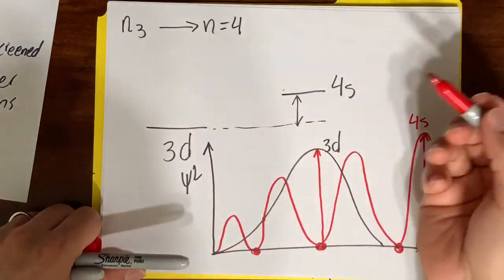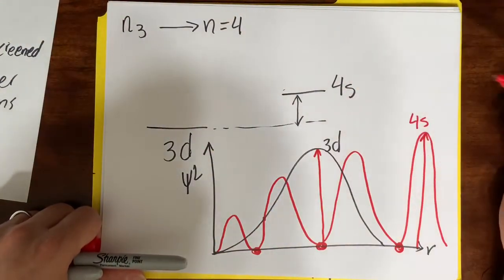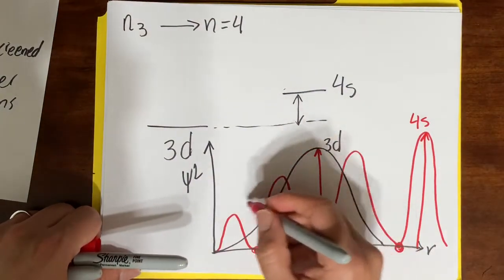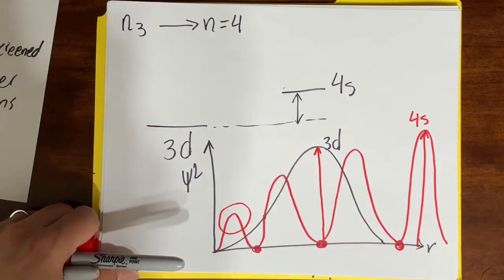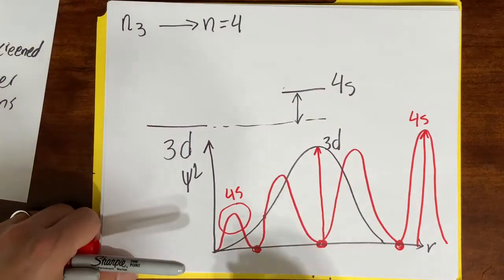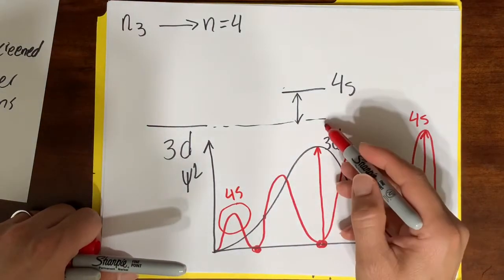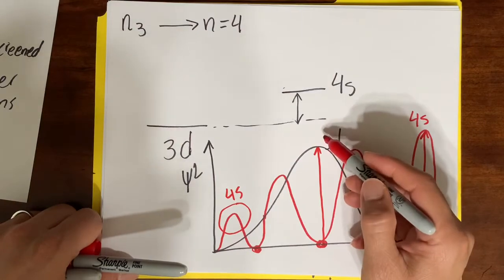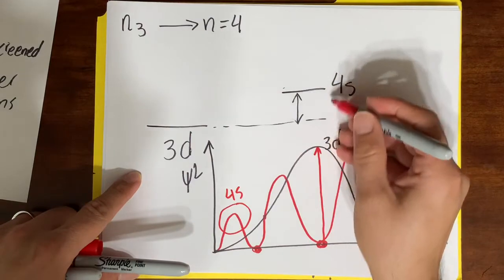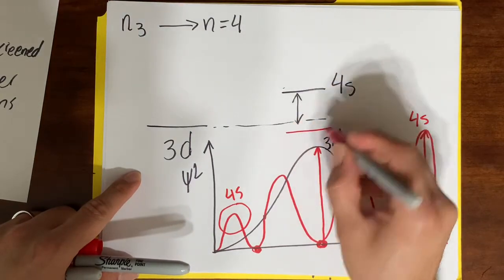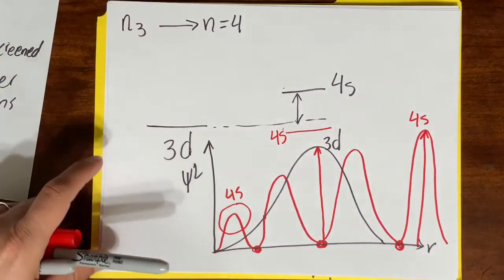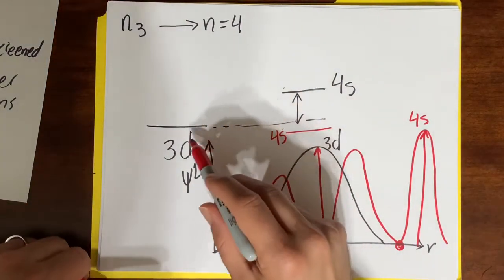And I told you, when we are dealing with different n's, we go with the lowest n. But then when I look at the penetrations, I see I do have penetration here for the 4s orbital. This penetration will make the energy of the 4s orbital lower, or it will bring it down a bit, let's say, right there. So now this one will be the 4s orbital. What happened with the 3d?